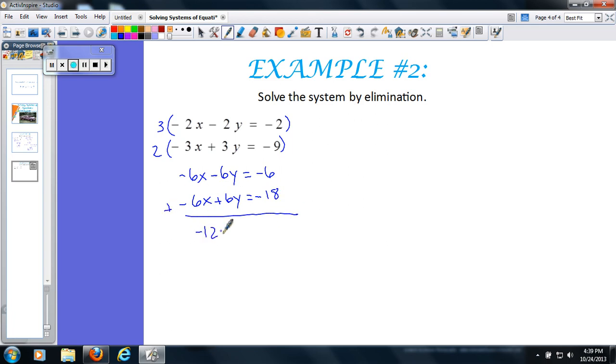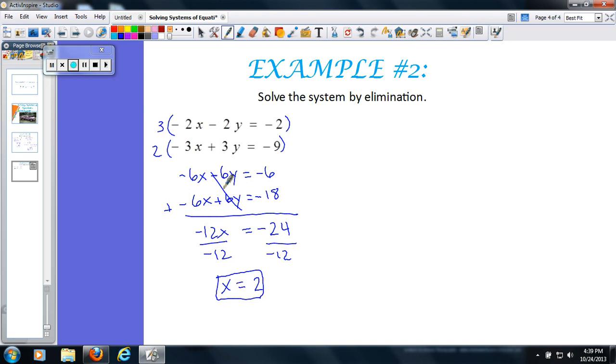This gives me negative 12x, these cancel out, and this gives me negative 24. Now I'm going to divide by negative 12, and I get x equals negative 24 divided by negative 12, which is positive 2. So here's my x value.